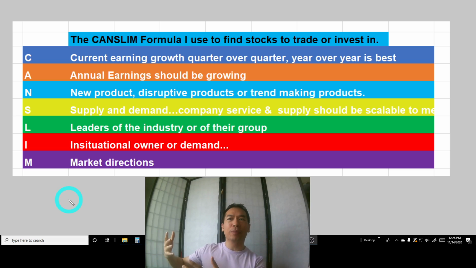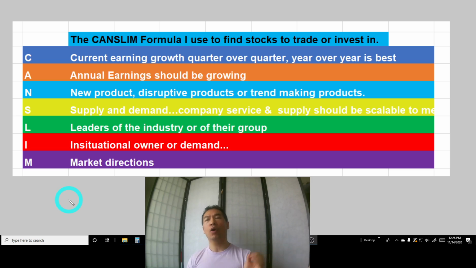After he got good news that he's okay, then the market started to stabilize and come back up, right? So you gotta pay attention to the direction of the market, and the direction of the market is usually foretold by big news. Okay, big news.